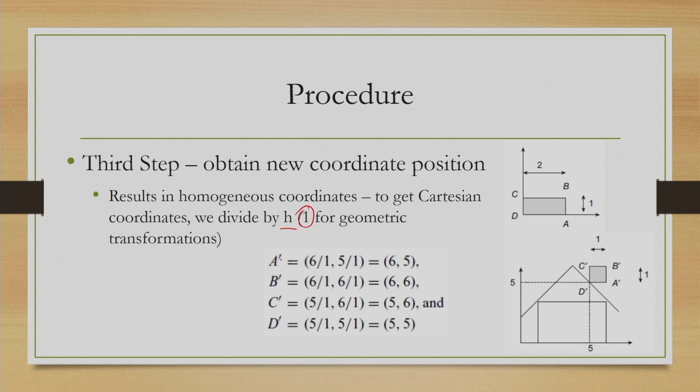So, our final transformed points or vertices should be obtained in this way. A dash we get by dividing the x and y values by the homogeneous factor, and similarly for B dash, C dash and D dash.